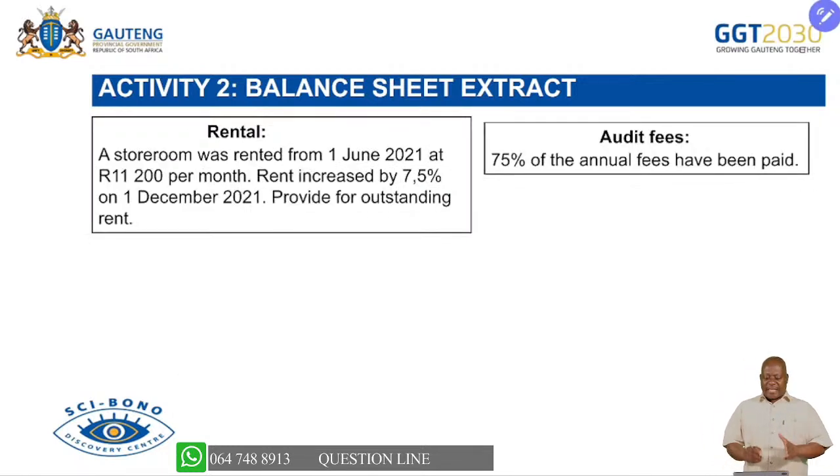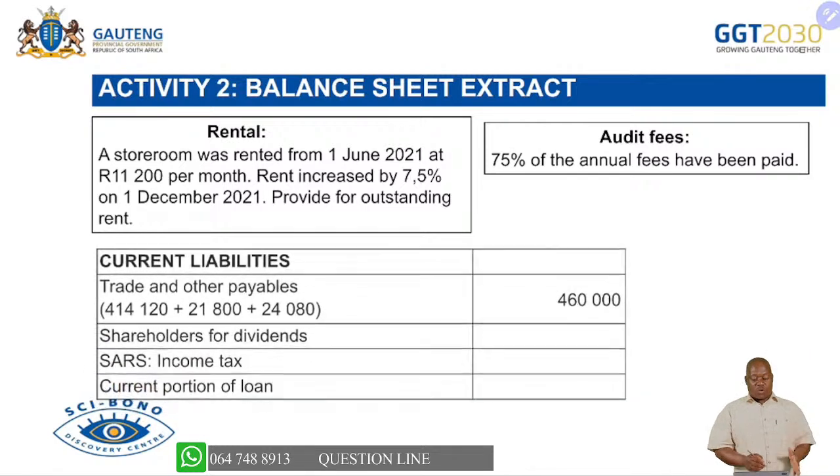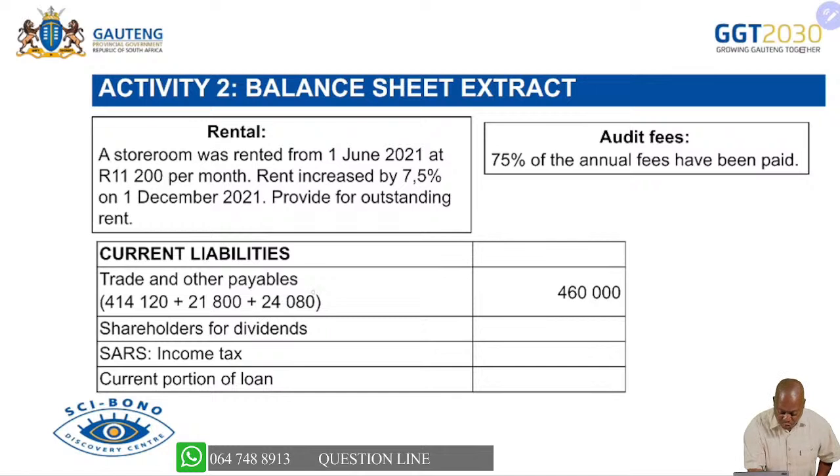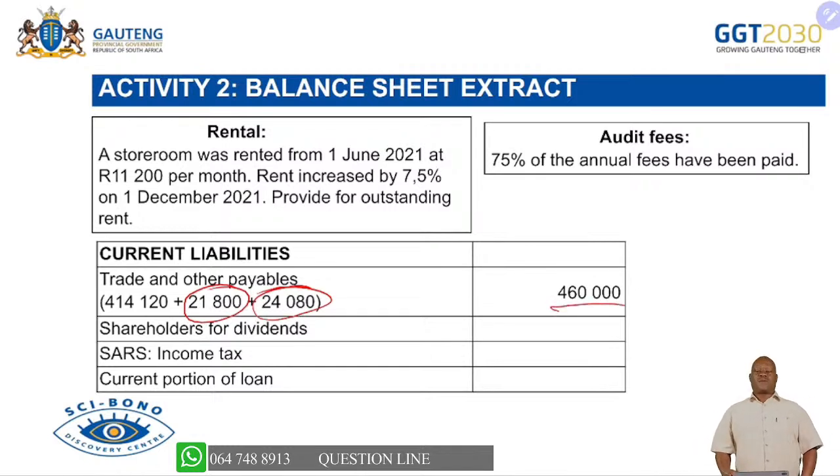So in other words, we're just taking these figures and doing the calculations, and then we remember the rent amount is going to be 24,080. The audit fees amount is 21,800. That's it. And then when you add them together, they give you the total figure for payables.